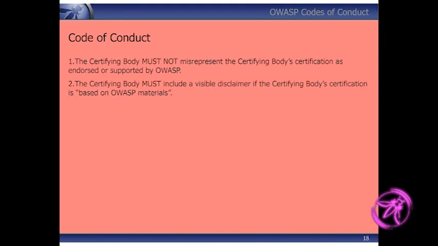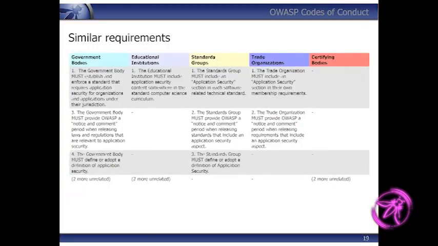So it was thought it was worth defining a small number of rules that try to set that scene. It's important that they don't misrepresent anything as being endorsed or supported by OWASP. And it comes a little bit down to the brand usage guidelines, and thus this having a visible disclaimer about being based on OWASP materials. So that's where we're up to.